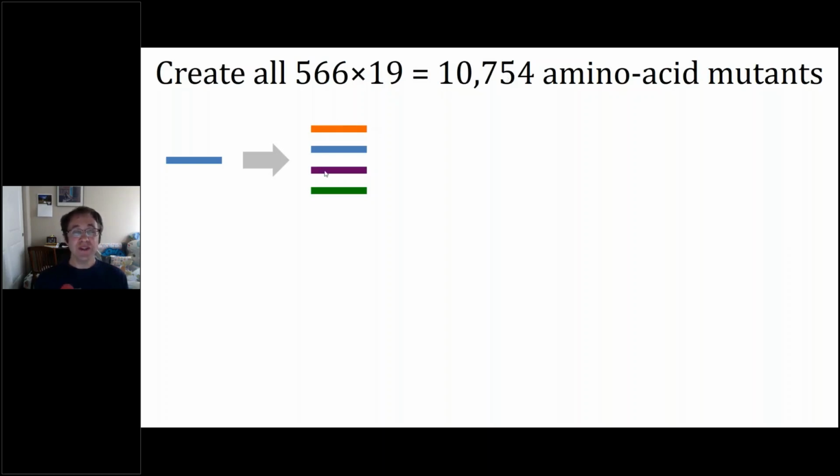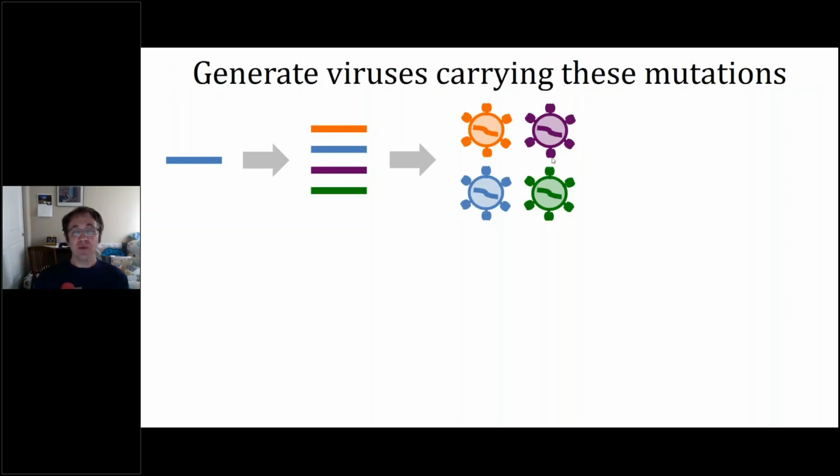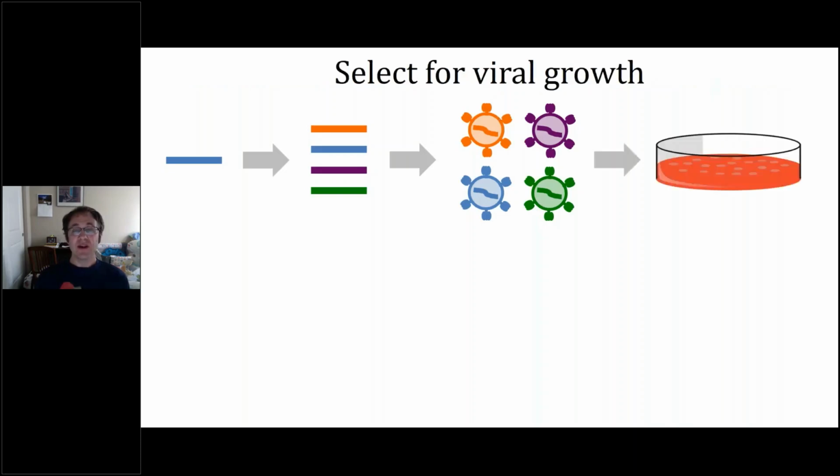We then take these genes that encode hemagglutinin, and we've developed techniques to efficiently incorporate them into a library of mutant viruses. So we now have viruses, each of which is carrying a different mutant of influenza hemagglutinin. And we can now do things to these viruses that allow us to read out the effects of those mutations. The simplest thing we can do is ask which of these viruses are able to continue to replicate in cell culture.